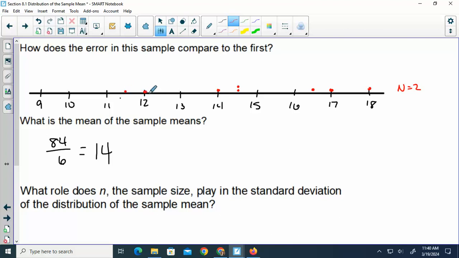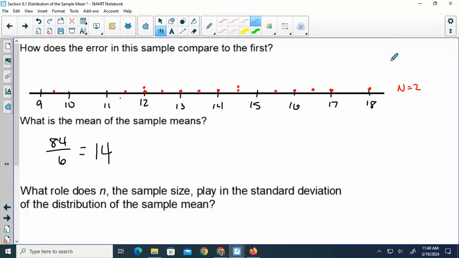Do you guys all know where I'm getting these numbers? That was just all the means from that table we completed yesterday.